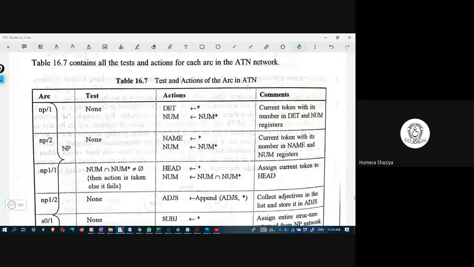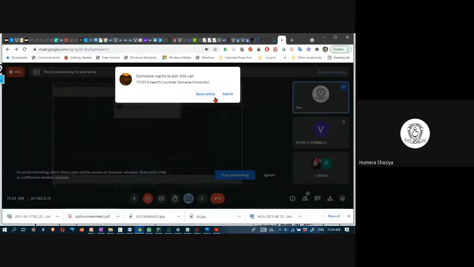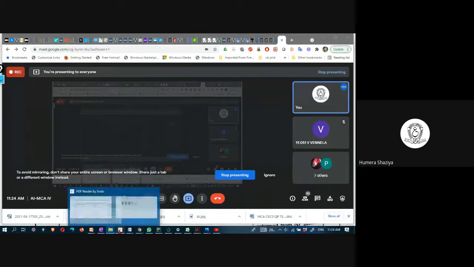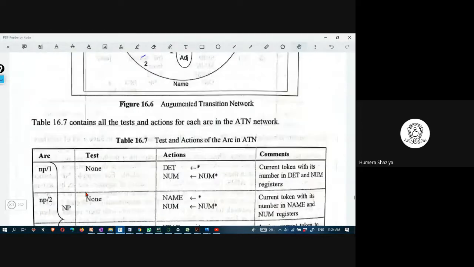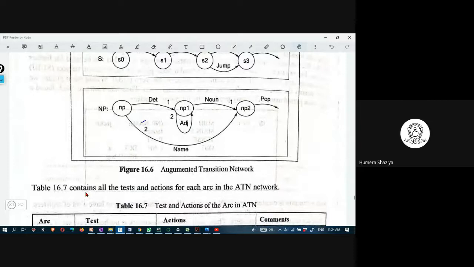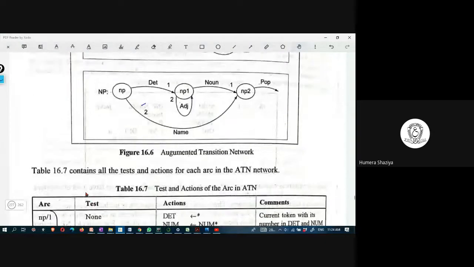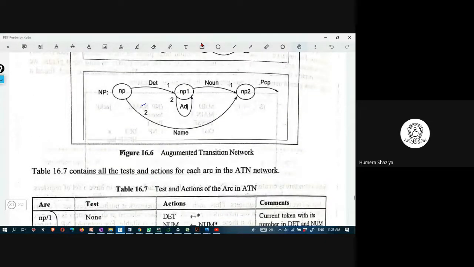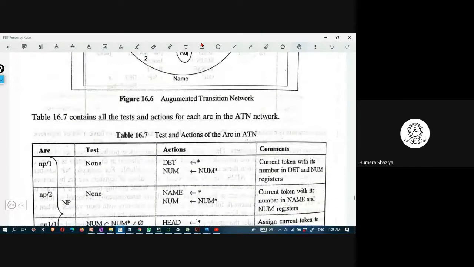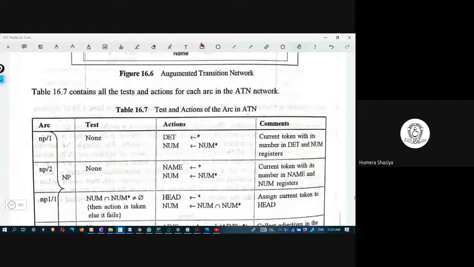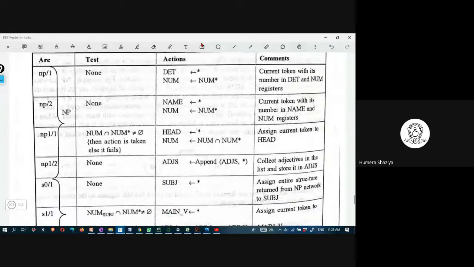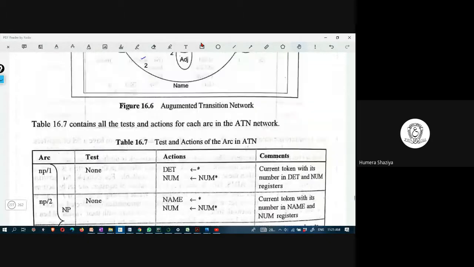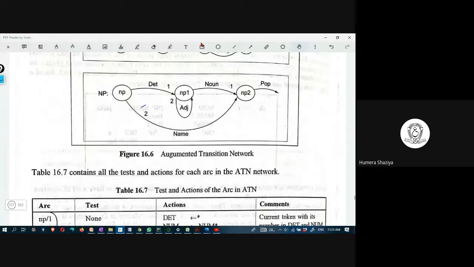And tests and actions of the arc in ATN. When it is NP1, the arc is NP1. Where is NP1? Here, NP1. This entire noun phrase has NP.